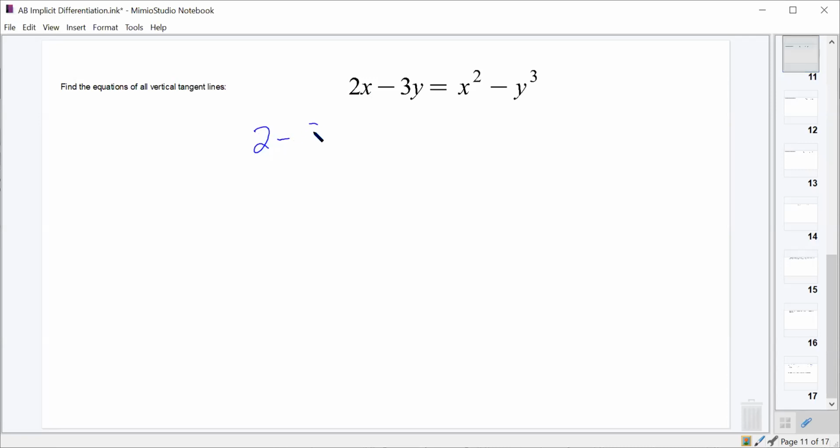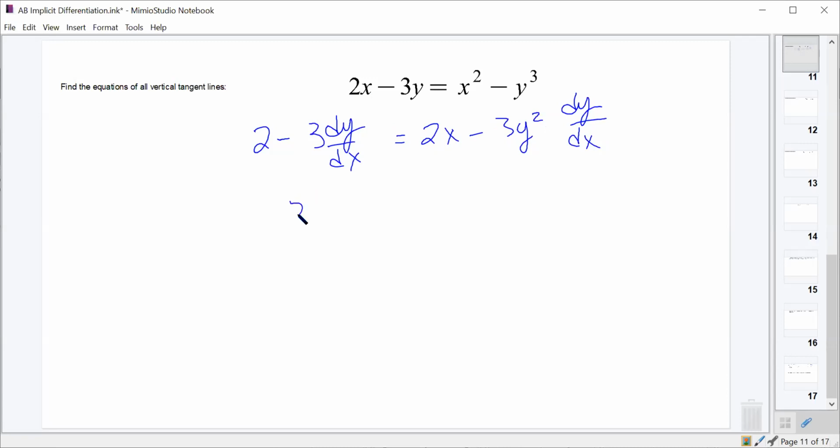2 minus 3 dy/dx on the left. Good or no? Okay. And on the right, 2x minus 3y squared dy/dx. Everybody good there? Okay. Let's simplify this all down. Let's bring the 3y squared to the left and this 2 to the right.